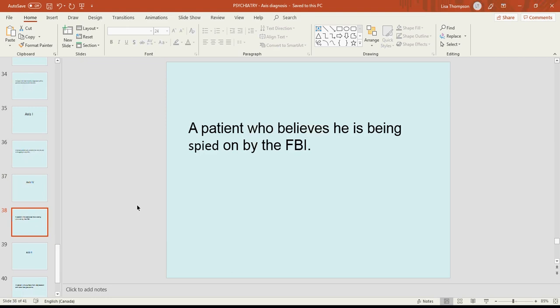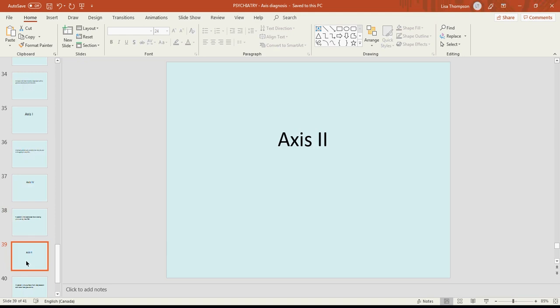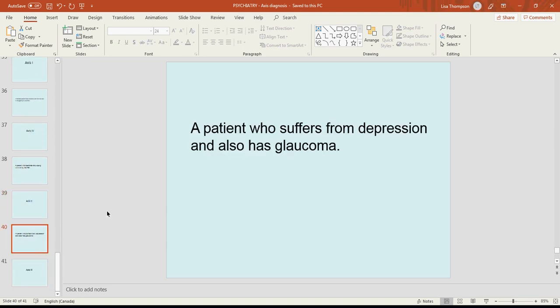A patient who believes he is being spied on by the FBI. Which axis do you think that would fall under? Let's see. Axis 2. Remember, that's the one that lists all the different types of disorders that a person could have or be diagnosed with.